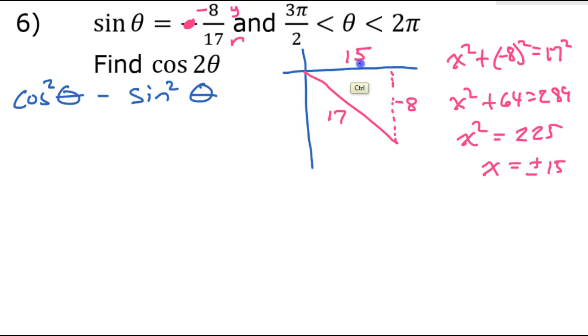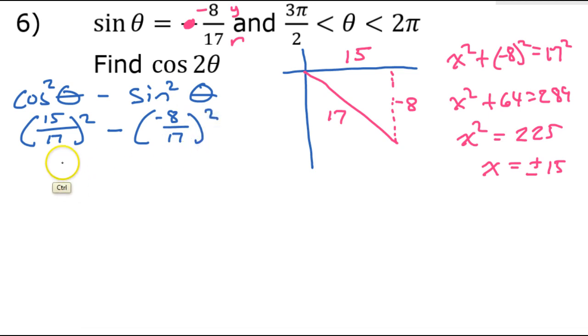Cosine is x over r. So that's going to be 15 over 17. So I'm going to have 15 over 17 squared. Now sine is y over r. So that's going to be negative 8 over 17 squared.